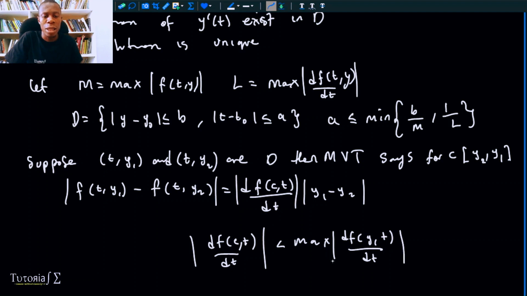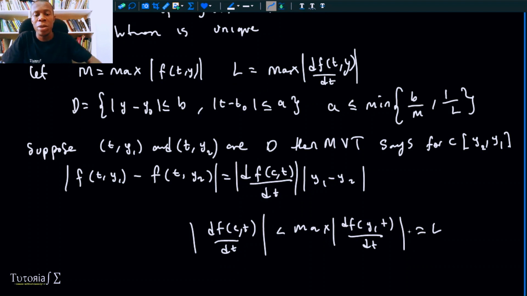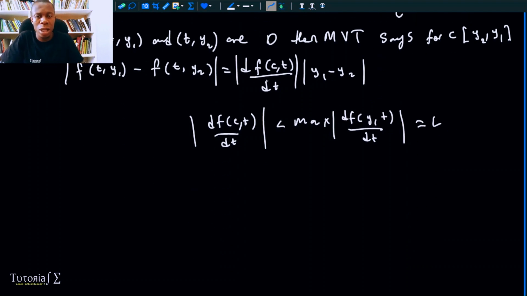And we know that this is L. So basically the derivative at the constant is less than L, meaning that we can substitute this here and the inequality will change.